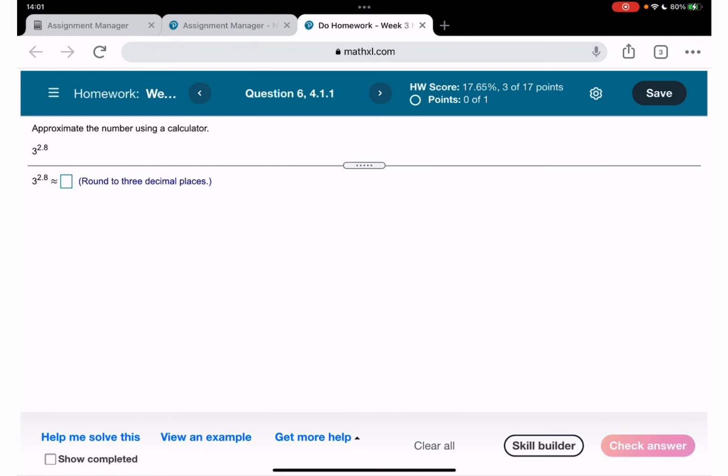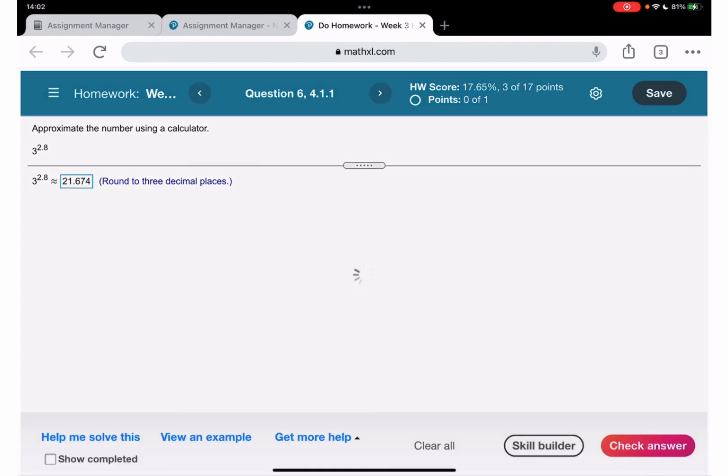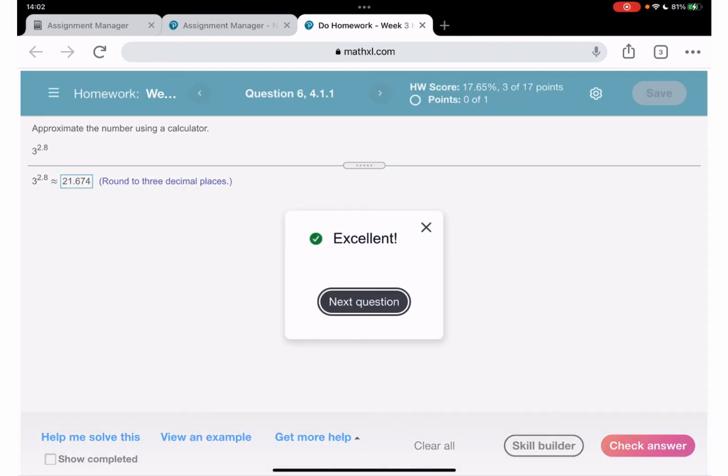So I have an iPhone, so I'm punching 3 and then clicking the X to the power Y button and 2.8. And I'm getting, we need to put 3 decimal places, which is going to be 21.674. Excellent.